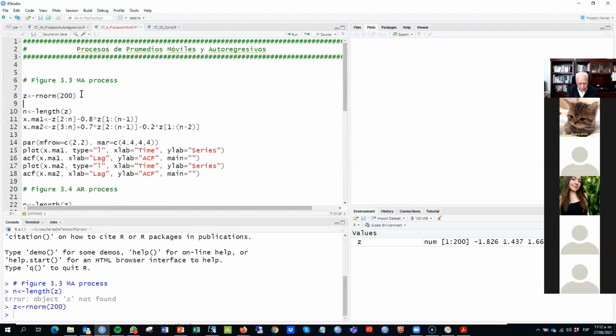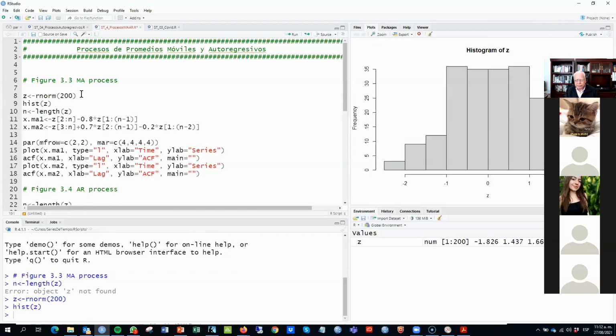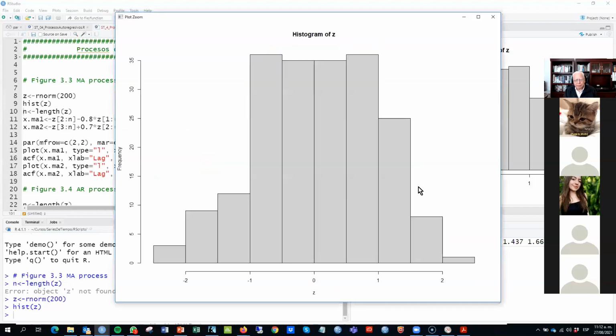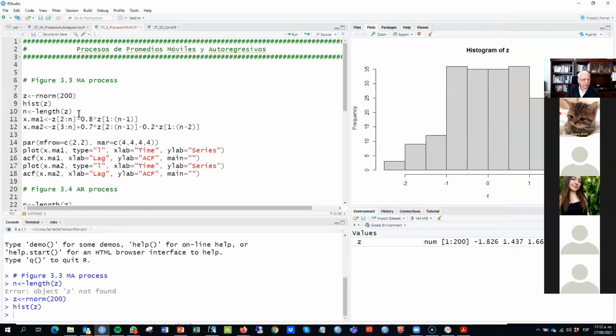You can see the histogram of Z, and it looks symmetric. It's supposedly 200 numbers from a normal distribution.